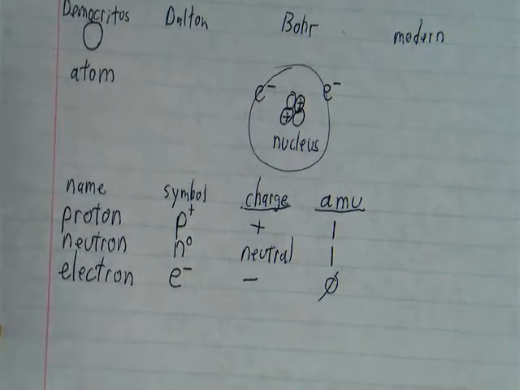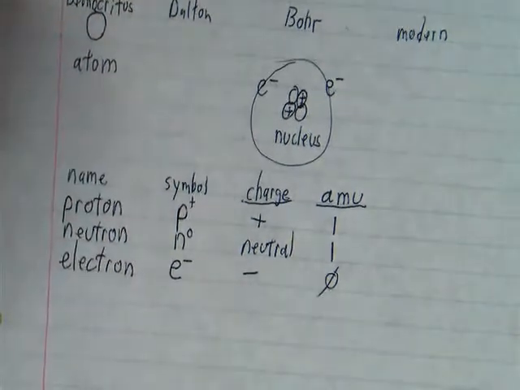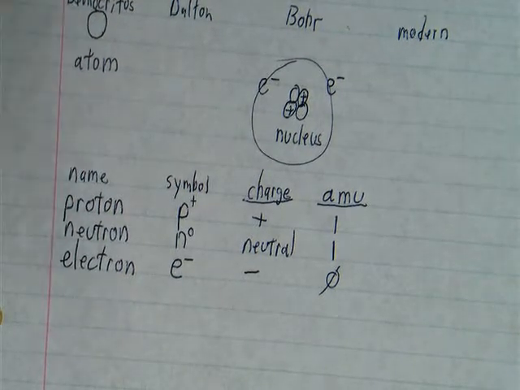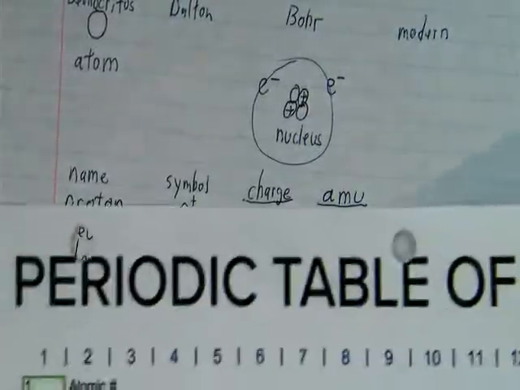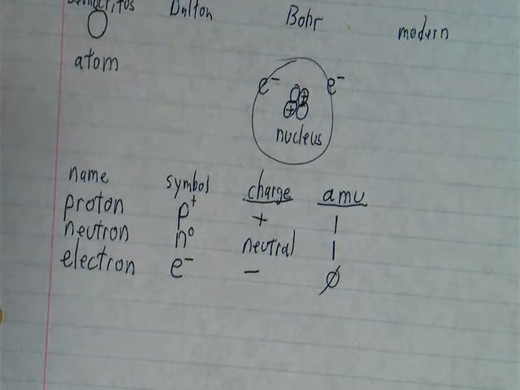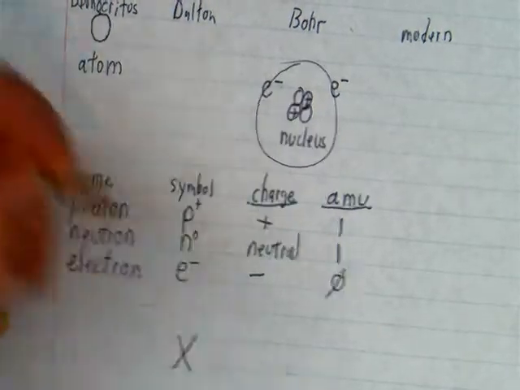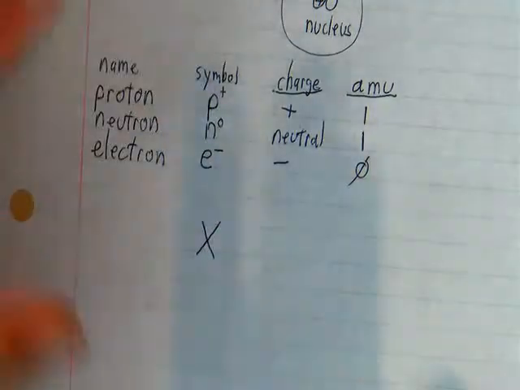All right. Now, with these pieces, we have been building atoms to create the periodic table of the elements. And for any given element, which we represent usually by the capital letter X to represent any element.